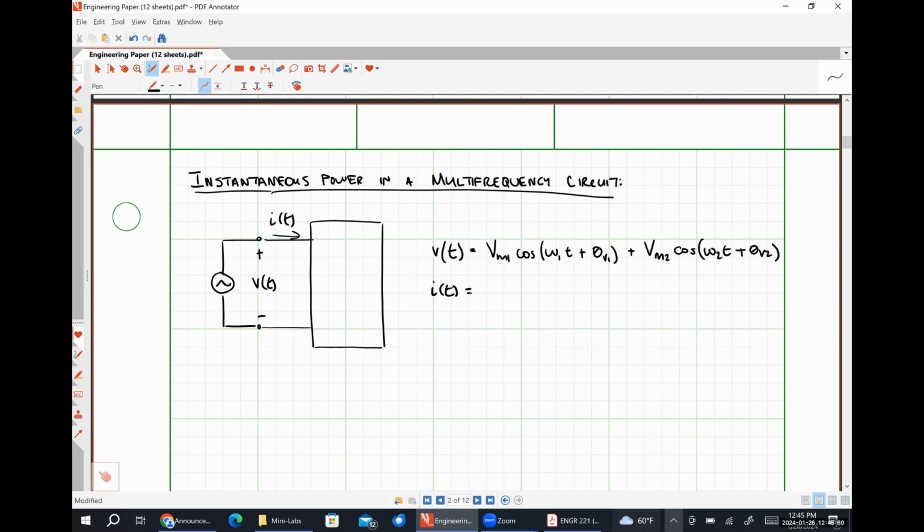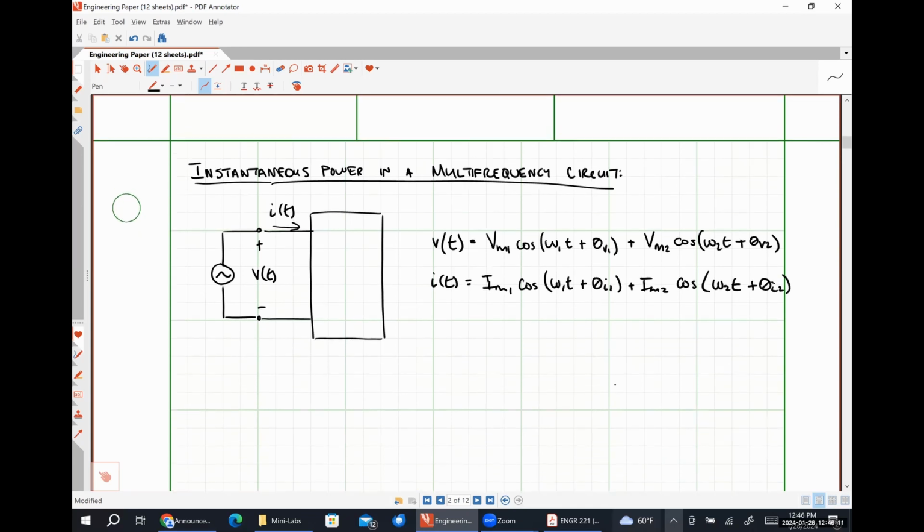And our current I of t can be expressed in a similar form. So Im1 cosine omega 1t plus theta I1 plus Im2 cosine omega 2t plus theta I2.